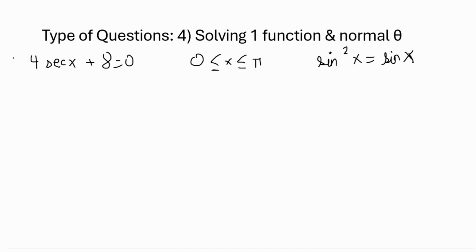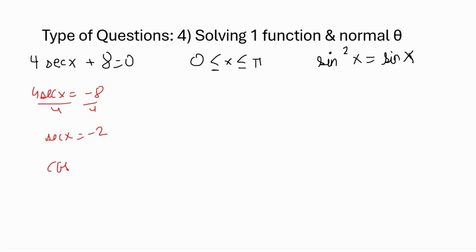Okay, so for this one, what I can do is isolate. Always try to isolate, and especially in linear ones, just isolate. Divide by 4, secant x equals negative 2. Okay, so that's 1 over cos.